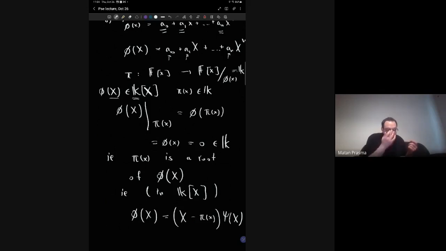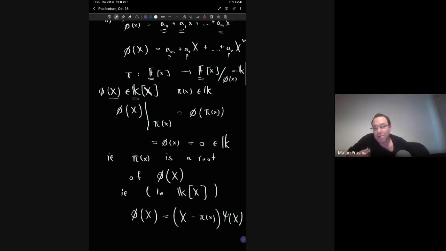So you see, what happened here is that phi was a prime polynomial. It means, in particular, it has no roots over the field f. And now I took this mod phi arithmetic field, k, and suddenly over this field k, phi has a root. And this field k is an extension of the field f. I mean, it contains a copy of f inside it.